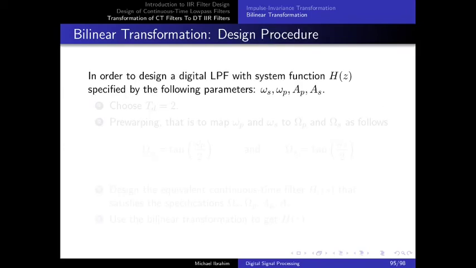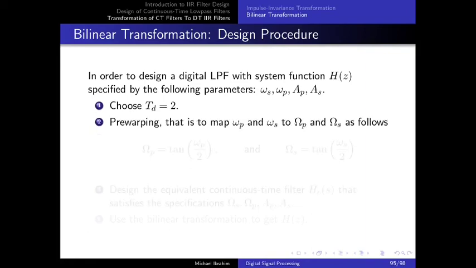So, the design procedure goes as follows. In order to design a digital low-pass filter with this kind of specification, omega s, omega p, AP, AS. First step, we let Td equal to 2. Second step, we pre-warp the frequencies, lowercase omega p and lowercase omega s, to uppercase omega p and uppercase omega s, using the equations: omega p equal to tan of omega p small over 2, and omega s equal to tan of omega s over 2.